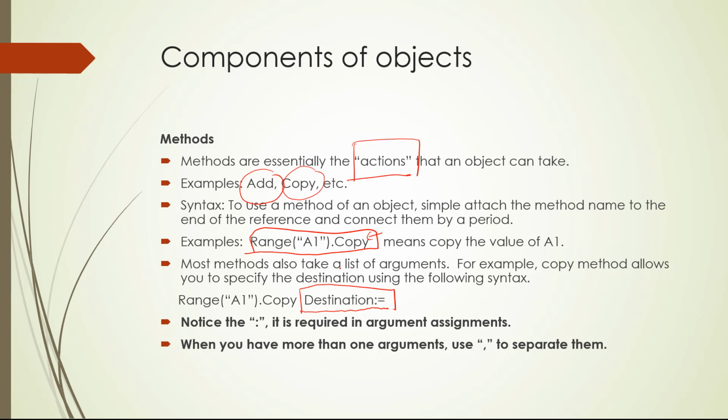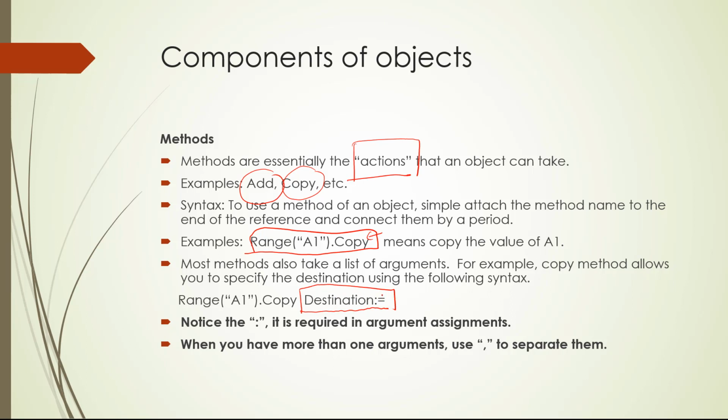We'll talk about more examples of methods later, but here I want you to just remember, first of all, you say object dot that method, and then you often have to follow that with a bunch of arguments to better define that method. Here, destination is a keyword in my example, and destination equal to something.